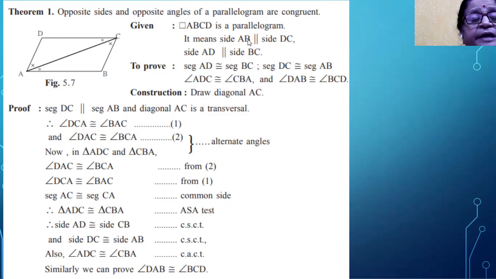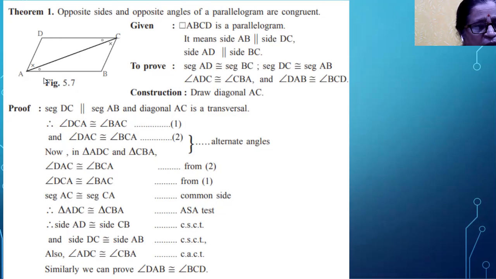It means side AB is parallel to DC and side AD is parallel to BC. What do we have to prove? Segment AD congruent to segment BC, segment DC congruent to segment AB, angle ADC congruent to angle CBA, and angle DAB congruent to angle BCD.